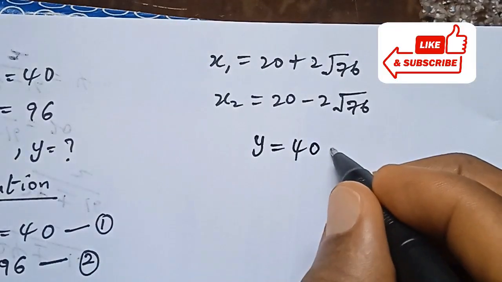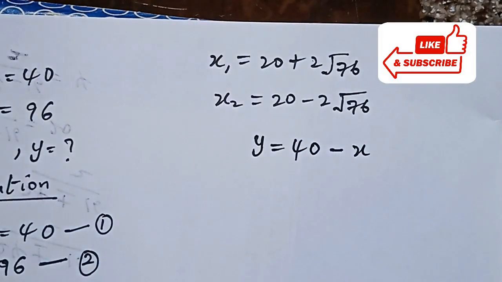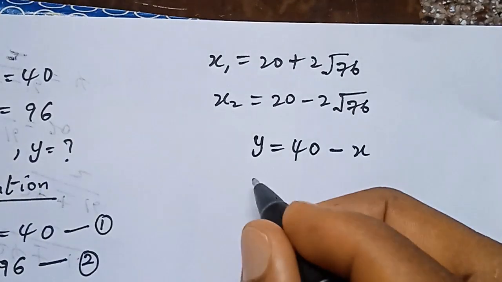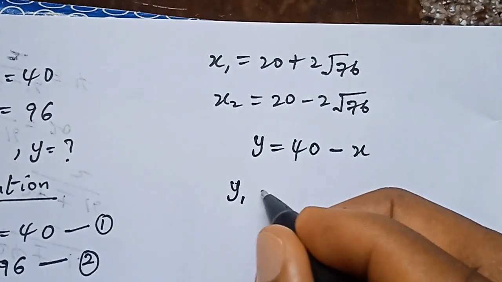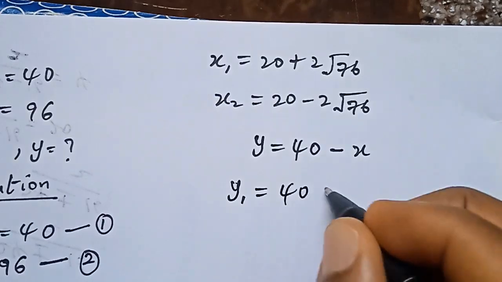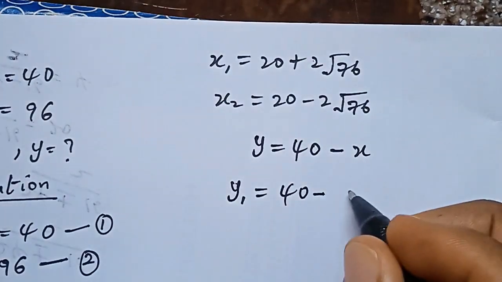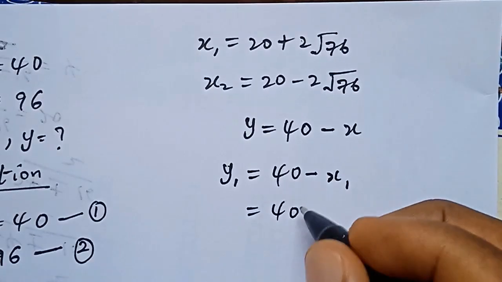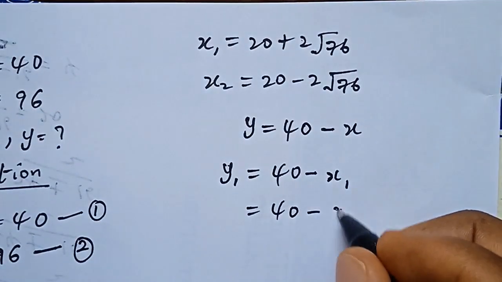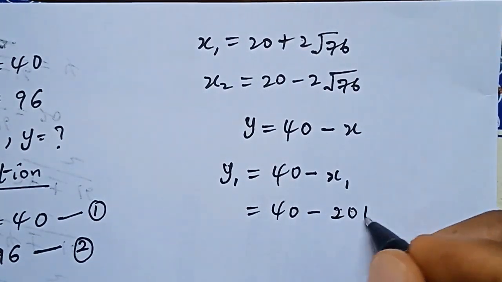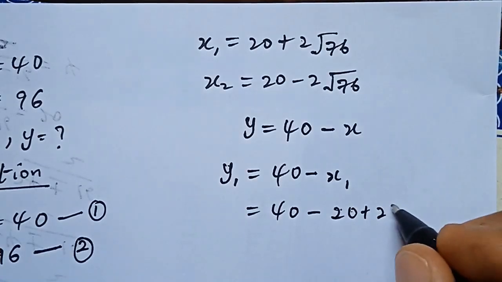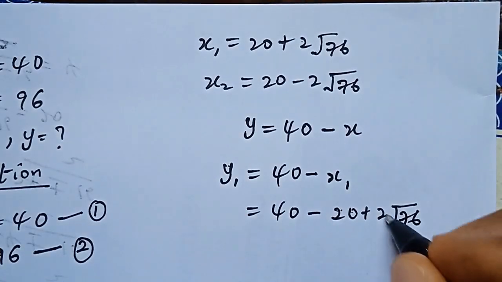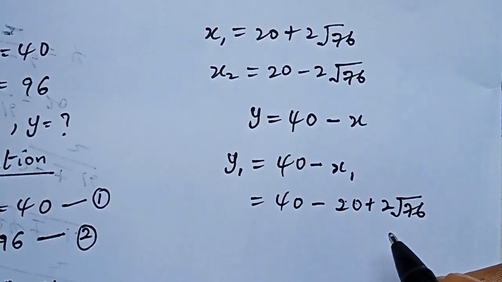40 minus x. So that will now give us y1 equals 40 minus x1. We substitute x1, we have 40 minus 20 plus 2 square root of 76.